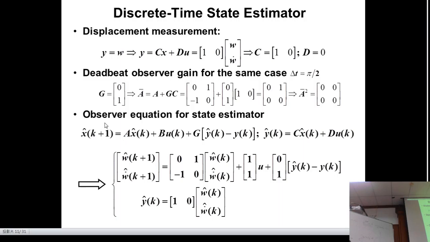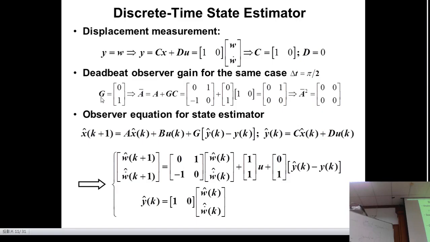So in real applications, we do need a discrete time state estimator. Now, how can I get this G matrix? Of course, 2 by 2, it is easy to do. For more than 2 by 2, 3 by 3, 4 by 4, you cannot do that. For more than that, there are other techniques that allow you to compute the observer gain G. All right.